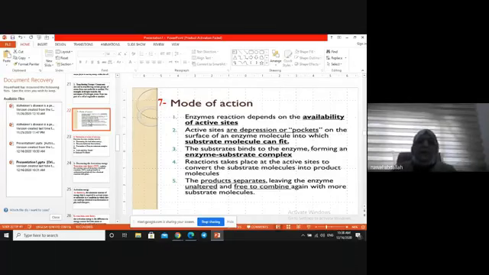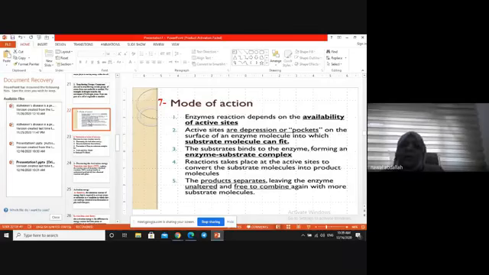Substrate binds the enzyme, forming the enzyme-substrate complex. Reactions take place in the active site to convert the substrate molecule into what? Into product, releasing the enzyme without any change in its properties, shape or formation.